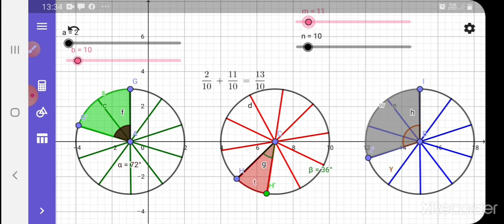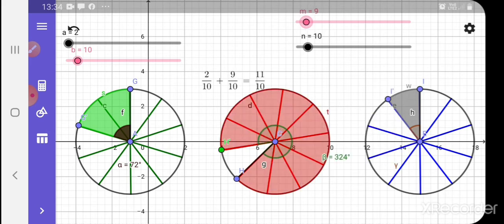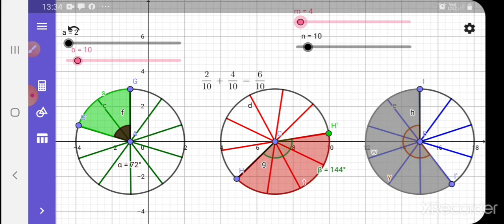So now you see the first fraction is 2 by 10, so two sectors are colored green, and the second fraction is 4 by 10, so 4 are colored.